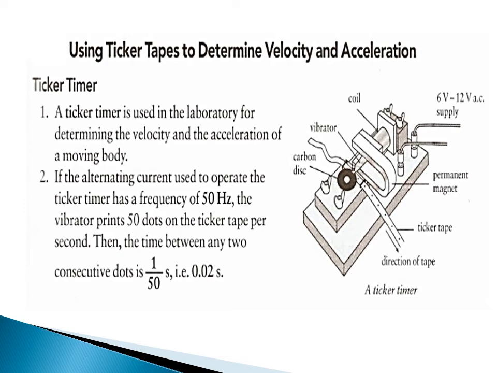So 1/50 is equal to 0.02 second. That means from the dots we know the time taken for this body to move.